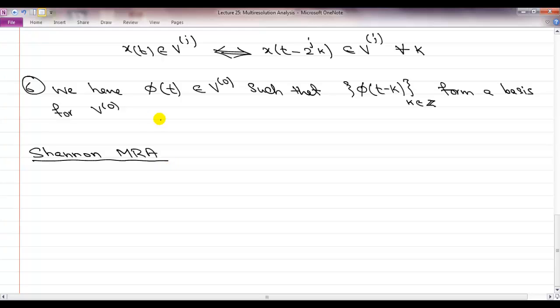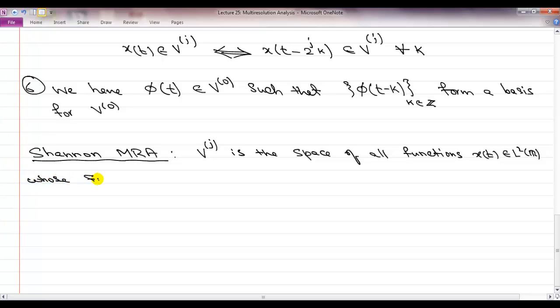Okay, so in this multi-resolution analysis, we can say that V of j is the space of all functions x of t in L2(R) whose Fourier transform X(j omega) is supported, and supported means it's non-zero only, on minus 2 to the minus j pi to 2 to the minus j pi. Okay.